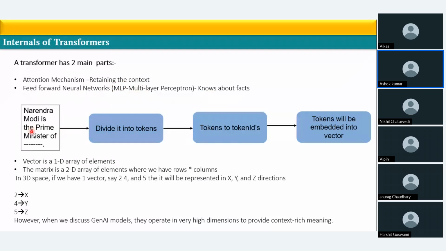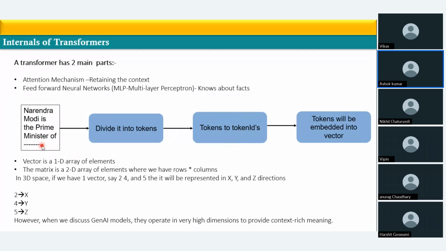This is going to fetch information, or know about facts, because it fetches information from external sources, which can be anything. Here I have written one sentence: Narendra Modi is the Prime Minister of, and then a blank space.